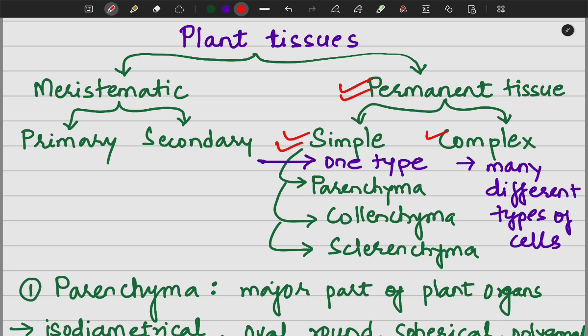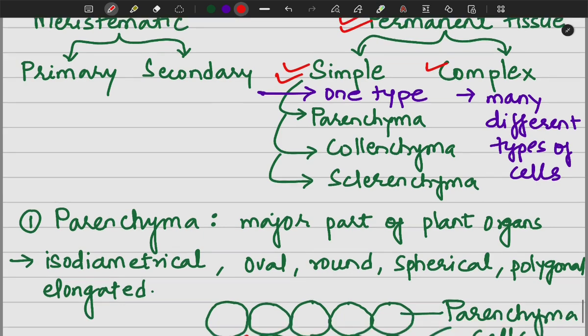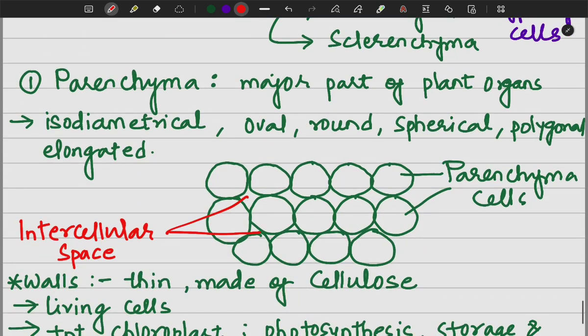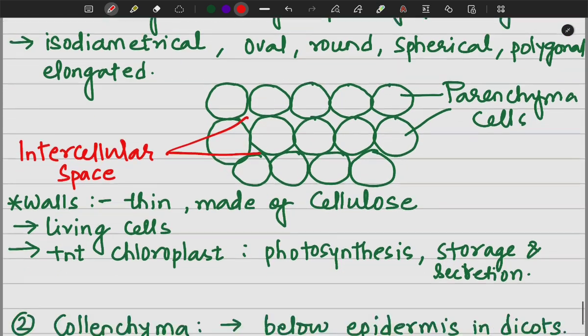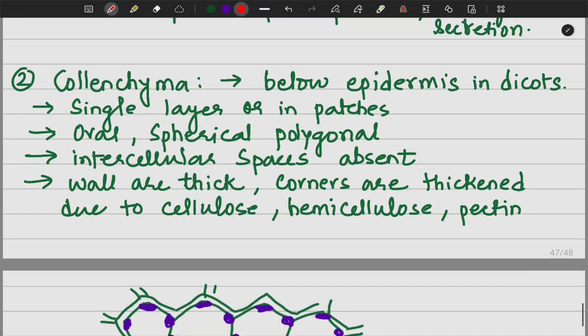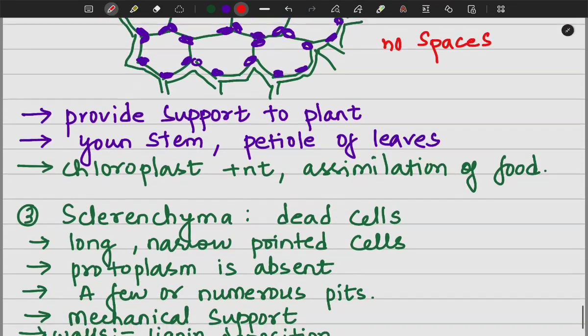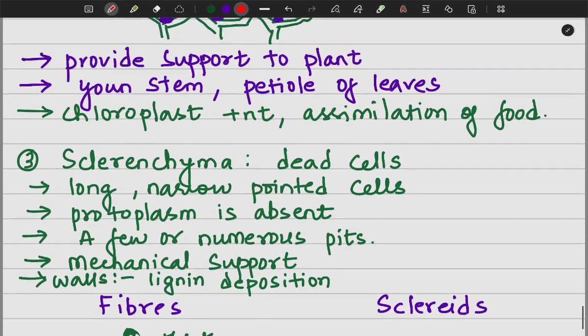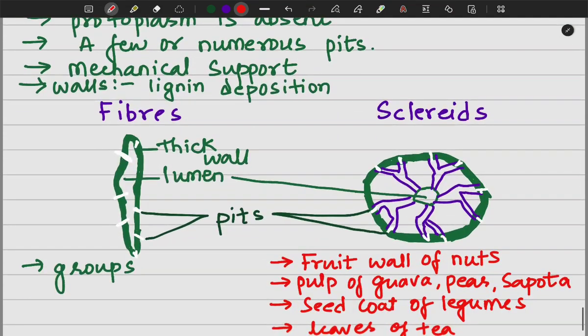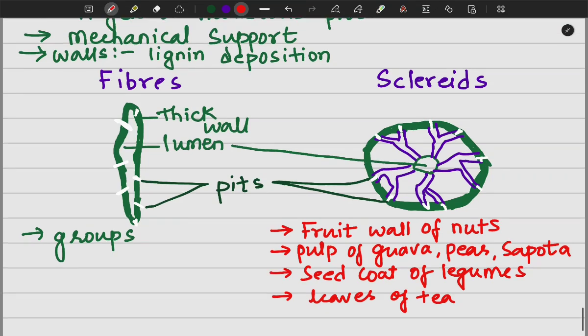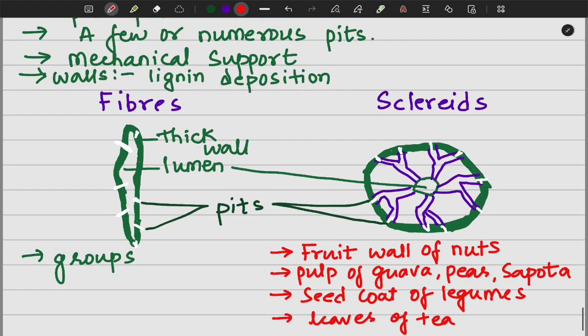In this lecture we covered the simple permanent tissues, that are parenchyma, collenchyma and sclerenchyma. We understood with the help of diagram what are the differences between these three types of tissues, and along with the examples and their functions in the plant. So I hope this is clear. That's all for this lecture. Thank you so much.